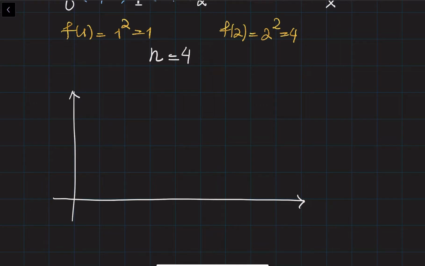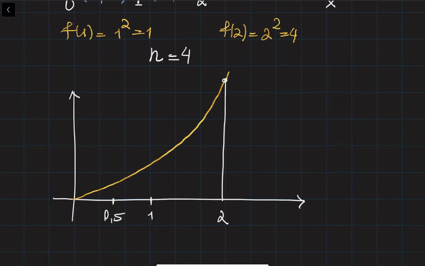As we go further and further, I would like to introduce some notation, and we're going to discuss it further. So let's say this is our function and we are given this function from 0 to 2. Now instead of splitting this into 2, I'm going to split this into 4 pieces.